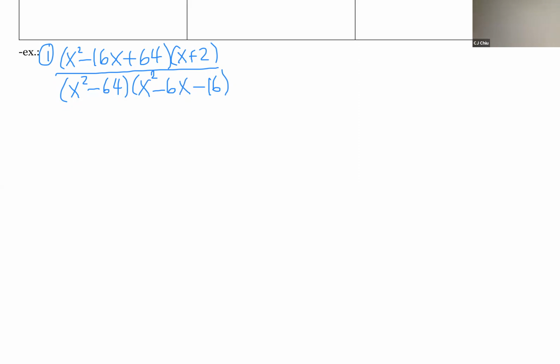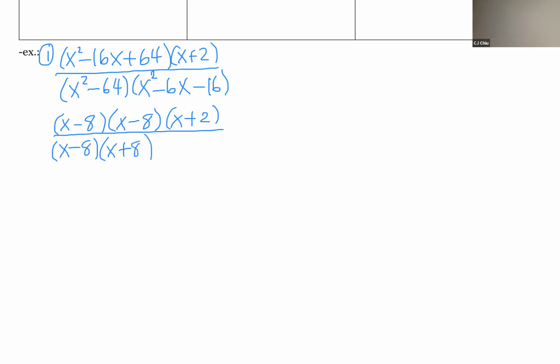So what you want to do is factor, okay? So you got to recognize your factoring patterns here. So x squared minus 16x plus 64 goes to x minus 8, x minus 8. X plus 2 stays the same. X squared minus 64 is x minus 8, x plus 8.